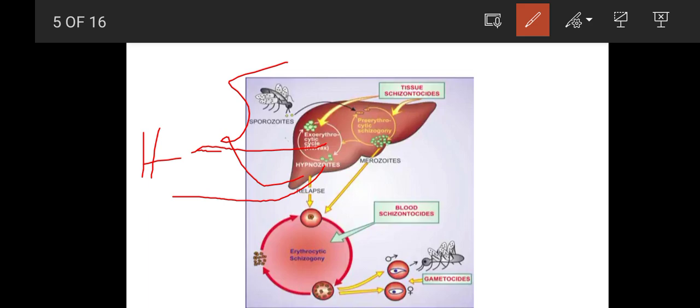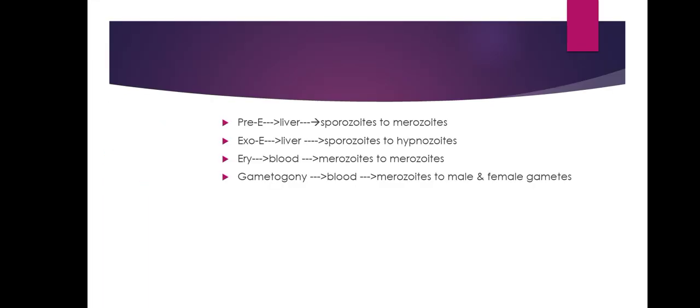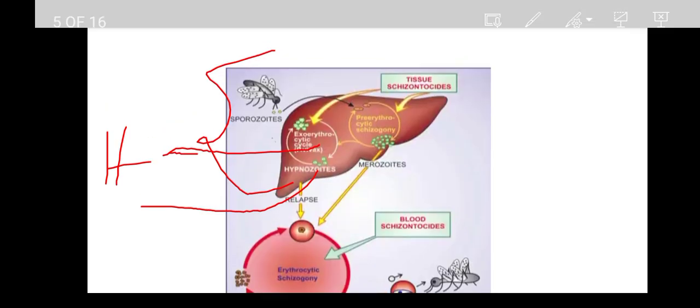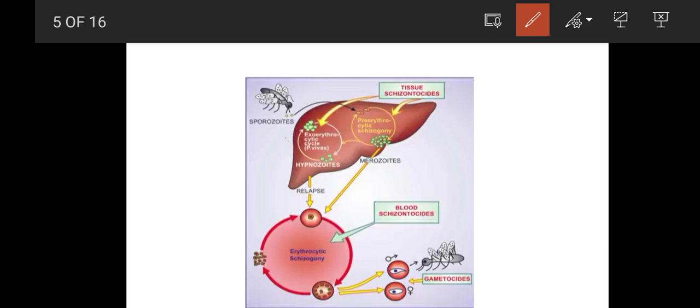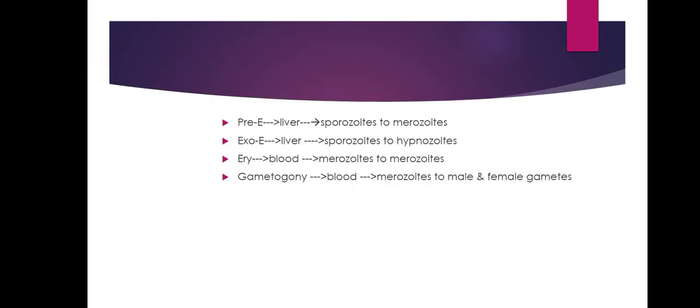So that is what we have for the life cycle of the plasmodium parasite. This is a summary. So we said the pre-erythrocytic stage takes place in the liver, and in the pre-erythrocytic stage, sporozoites are converted to merozoites.